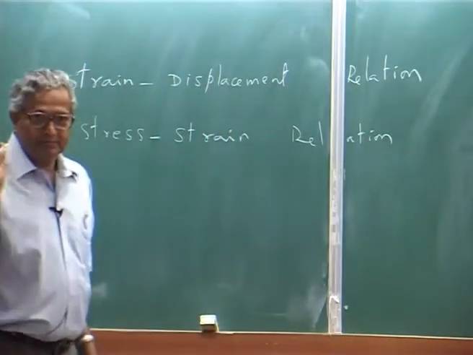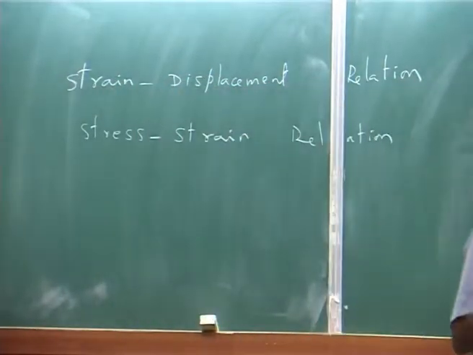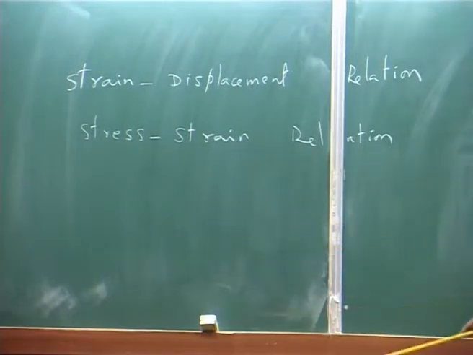These are the two in any structural modeling, there is nothing more. All the problems of what type of material comes here, whether it is a composite, isotropic, anything, that is only in the stress-strain relation.